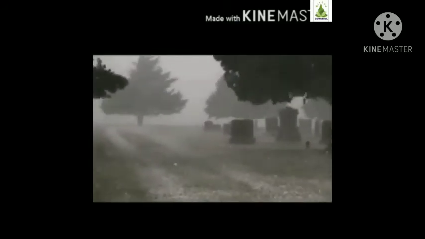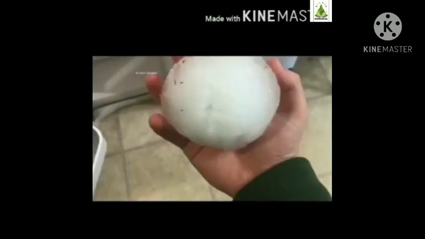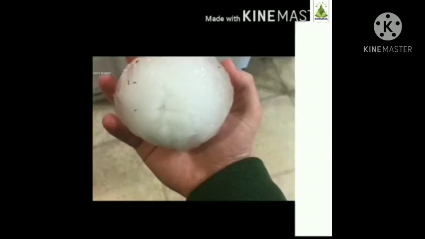This keeps on happening until the clumps of ice grow too heavy to float and fall to the ground. That's what we call hail. Some hailstones can even reach the size of a saucer ball.